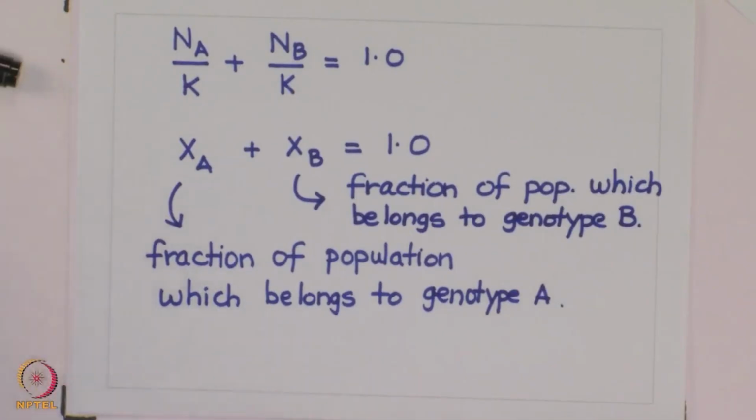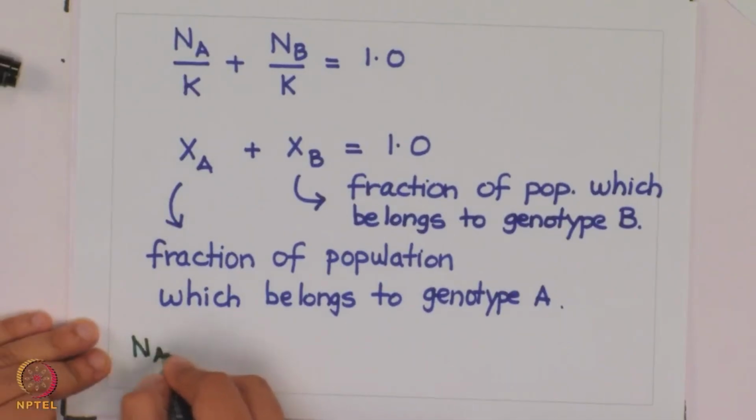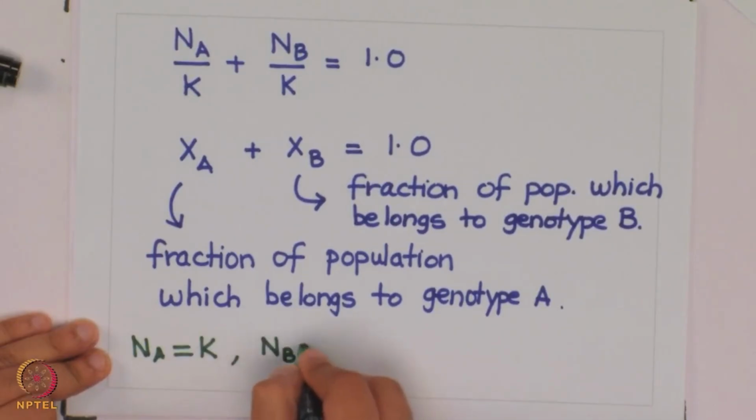Imagine that we are operating in a scenario where Na is equal to K and Nb is equal to 0, which has to be true because we know that at any instant of time Na plus Nb is equal to K for the system.